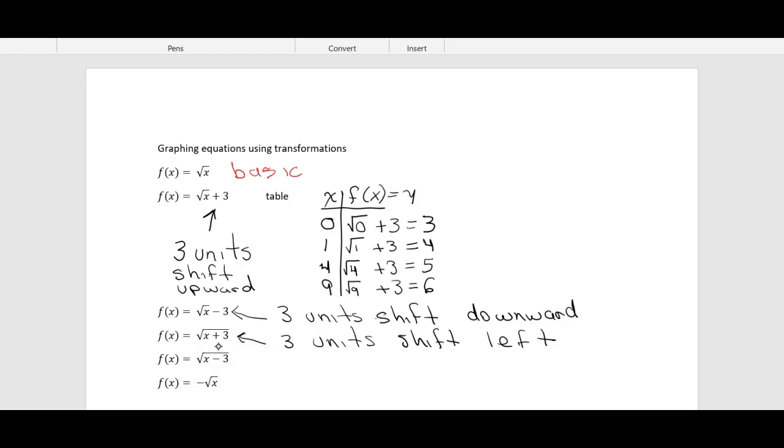In here, when it was minus 3, it would be 3 units shift to the right. And when we have a negative value outside the function, it had a special shift. So this one, we call it a reflection about the x-axis.